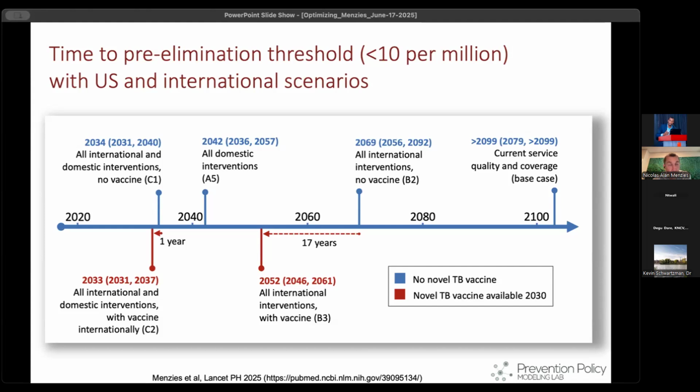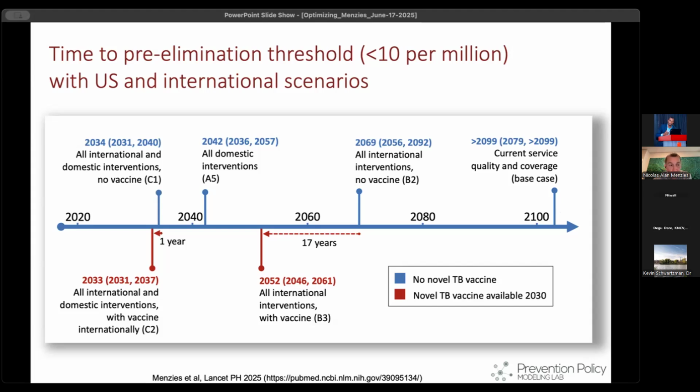I'm not sure if we'll have flying cars then, but there are going to be huge changes socially, geopolitically, and technologically, etc., between now and then. So a lot is being held constant that will change. But if everything is held constant, we're not going to get to pre-elimination anytime soon.